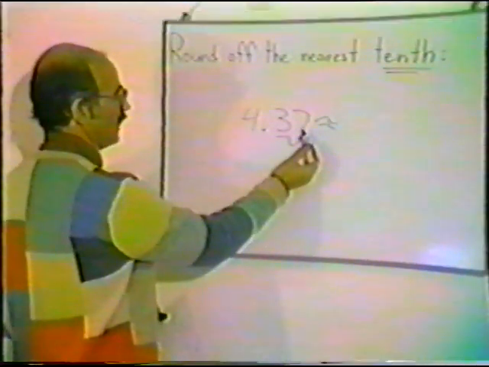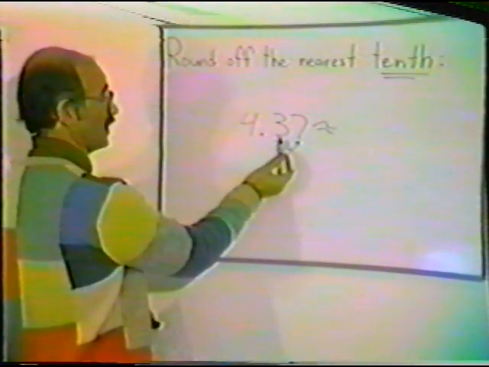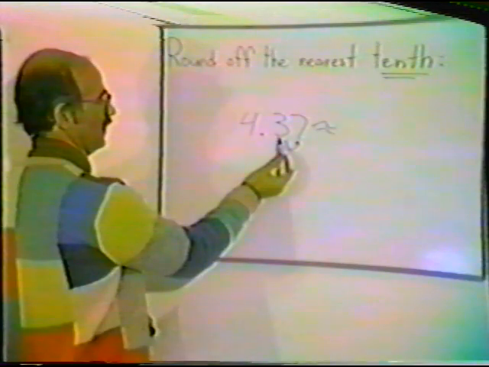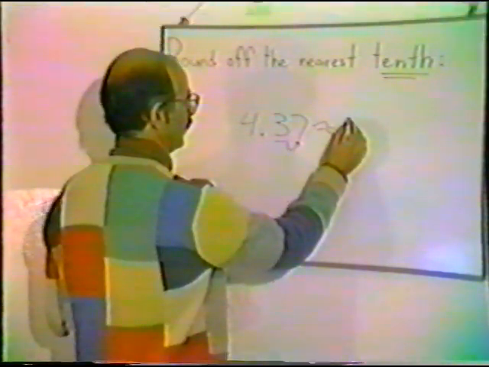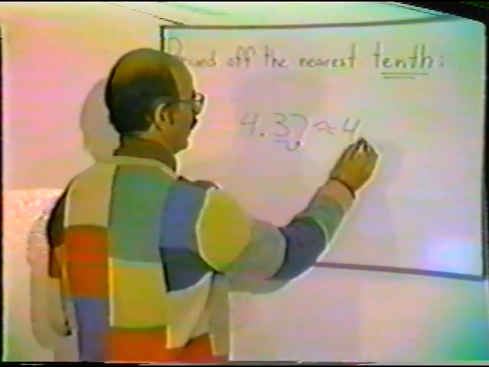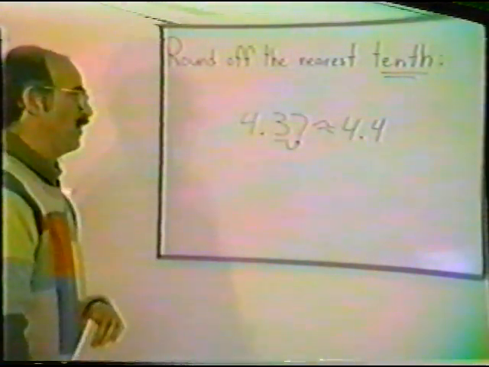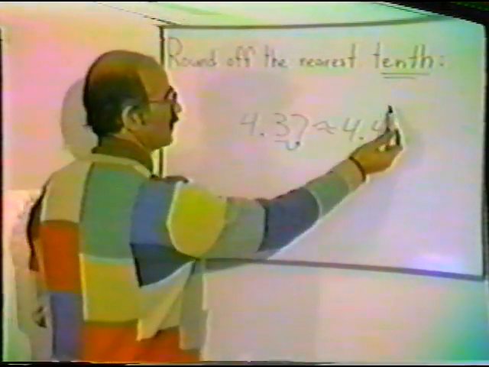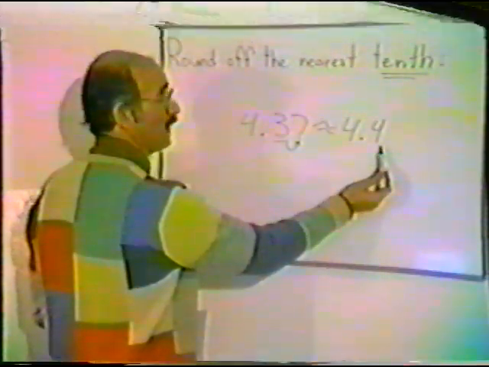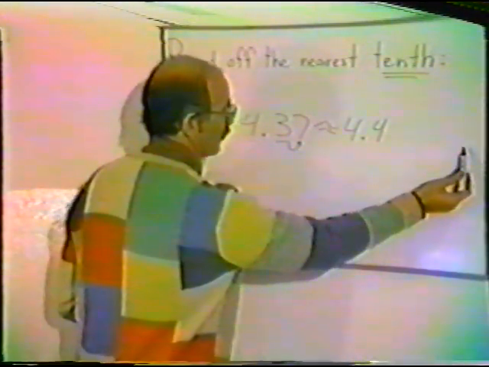The 7 tells us that the 3 goes up or stays the same? Goes up. Goes up and becomes 4. 4 and 4/10. 4.4.